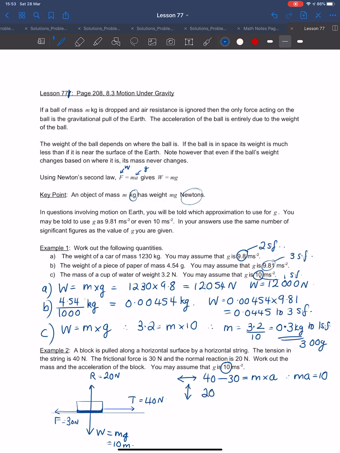R minus 10m equals 0, because it's pulled along the horizontal surface, so there's no vertical motion. So 10m is 20, therefore m is 2 kilograms. That's equation 2, and the other was equation 1. If we substitute for m in 1, we get 2 times a is 10, so a is 5 metres per second squared.